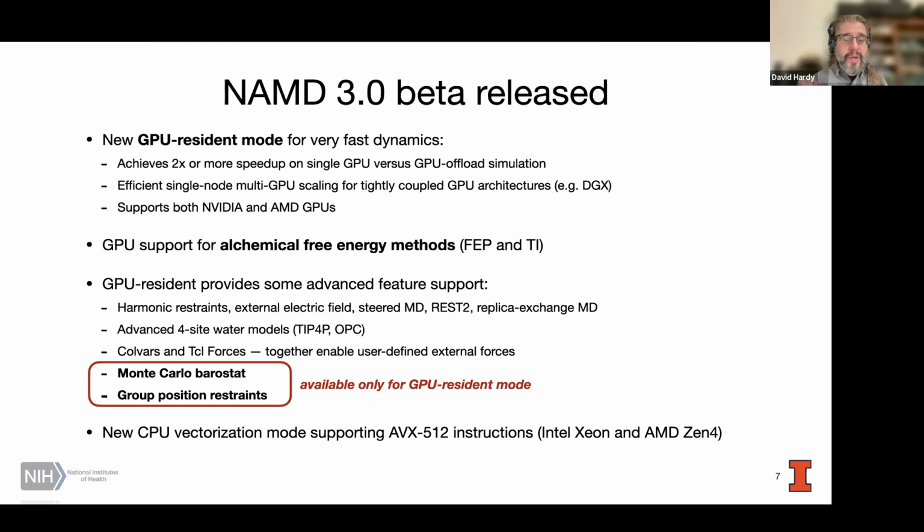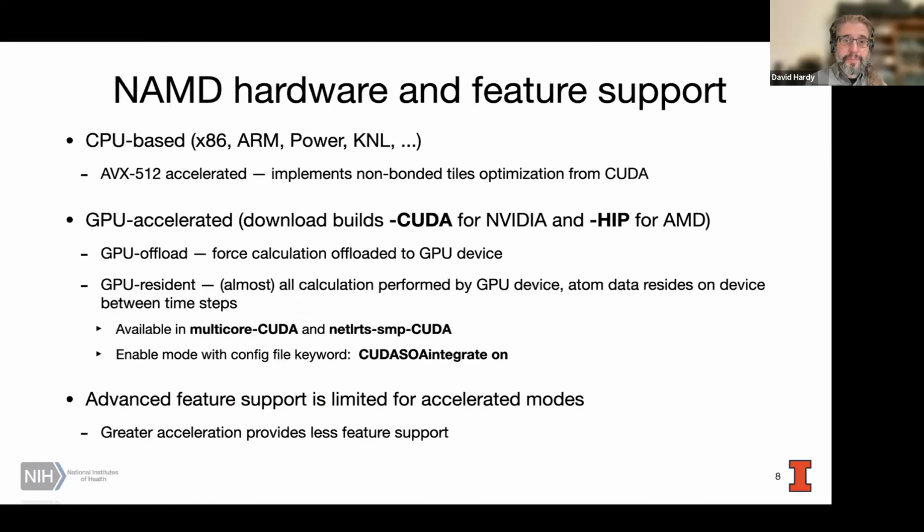We also have a new CPU vectorization mode that supports AVX512 instructions. This can accelerate NAMD on CPU-based platforms that are using Intel Xeon CPUs or the new AMD Zen 4 CPUs. So the NAMD development team has worked really hard to support all of the mainstream hardware choices that are available.